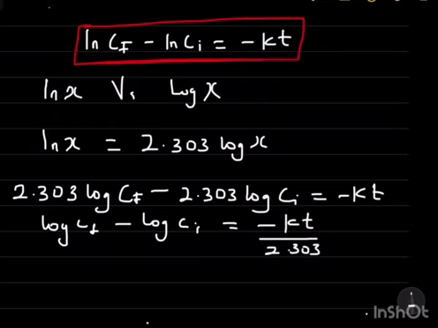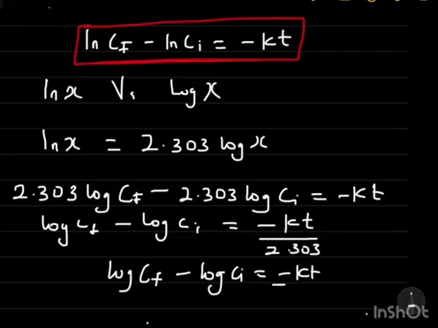So this formula also works for first order reaction if we want to use log instead of ln. So we have log C final minus log C initial equals minus kt all over 2.303.